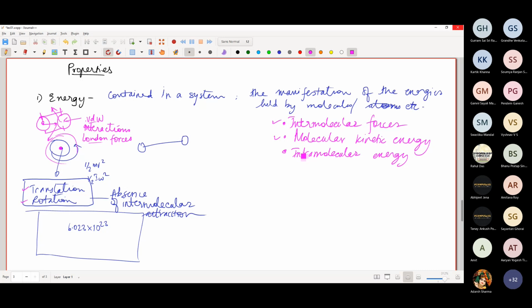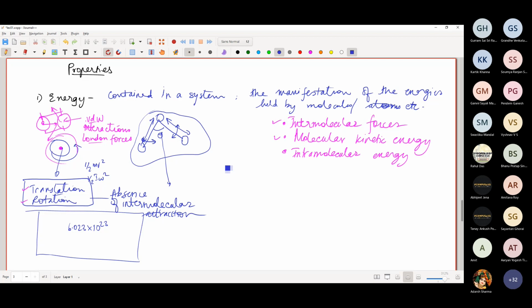What do you mean by intramolecular energy? So suppose we forget this dumbbell shaped molecule. Let's directly take a molecule which is looking like this. So now this entire unit, center of mass, can be moving at a certain velocity. Now that velocity will be considered towards the molecular kinetic energy. Now what do you mean by intramolecular energy? When these bonds also start vibrating, or this bond, it can change its length, it can vibrate in this direction as well. So this angle can change, this length can change, and in fact it need not be even planar.